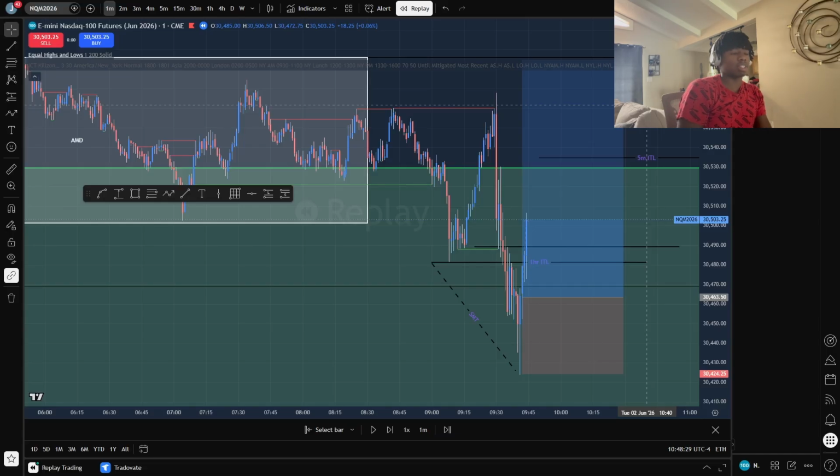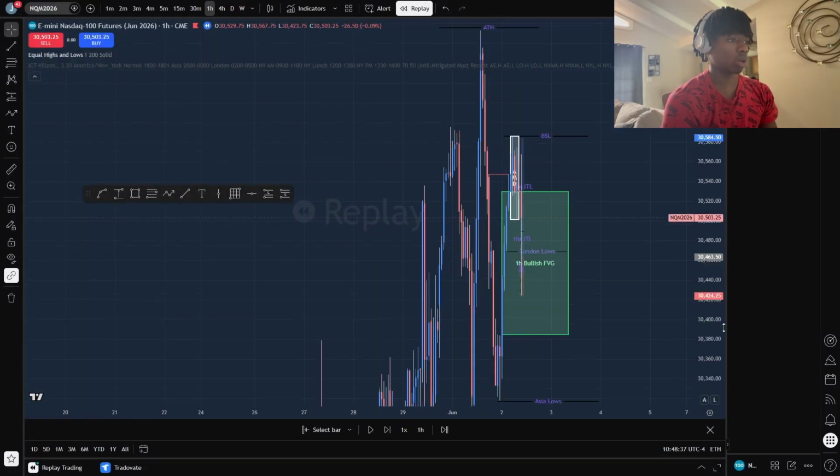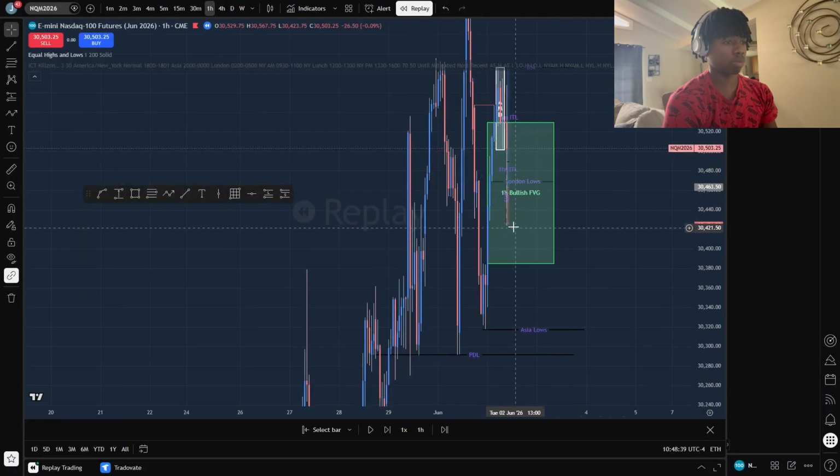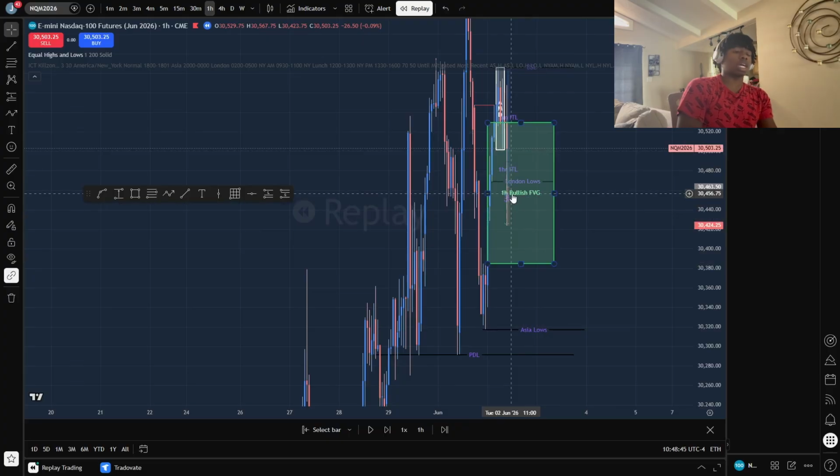I'm just being honest. I wouldn't take this setup because we're so discounted, so low into the range. At the time we're close to not inversing this gap, but we're just deep in this fair value gap.